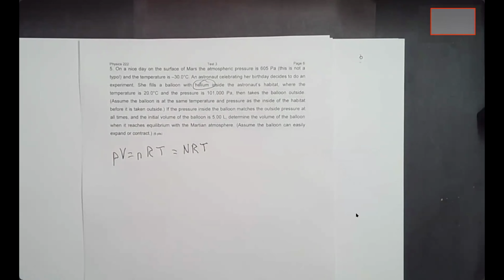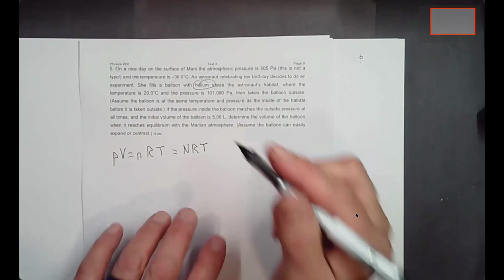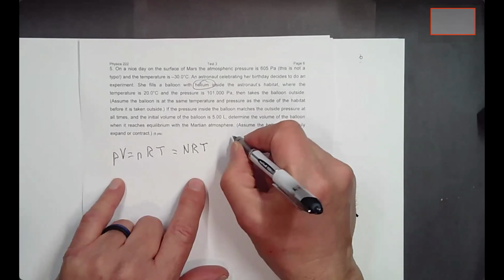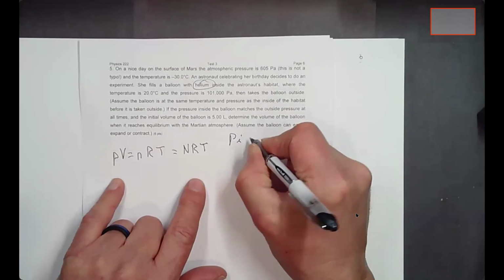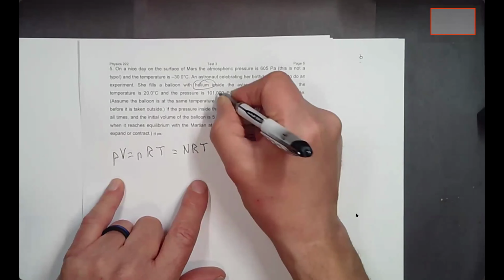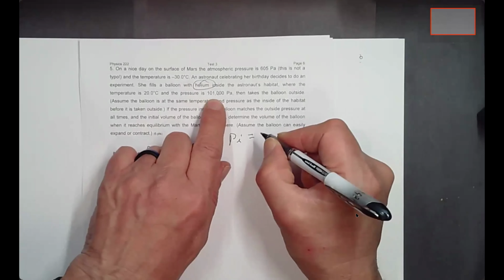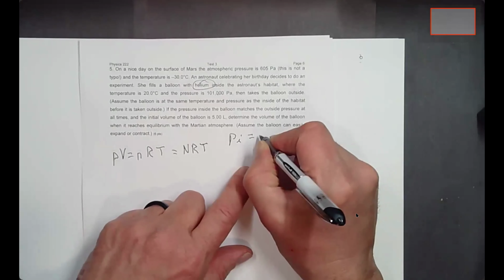And T has to be in Kelvin. So here's what we have for P initial. P initial is inside the balloon. It's 1.01 times 10 to the 5th Pascal.